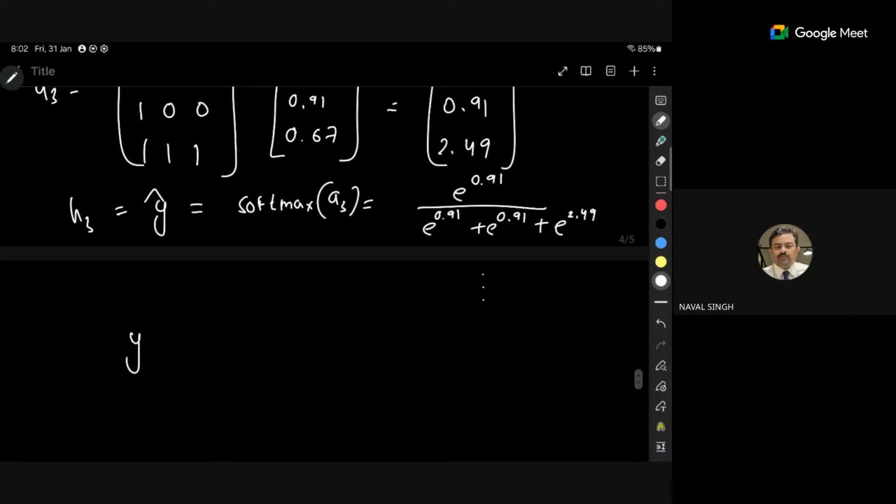So you get y hat as something like 0.15, 0.15, 0.70. Fine.